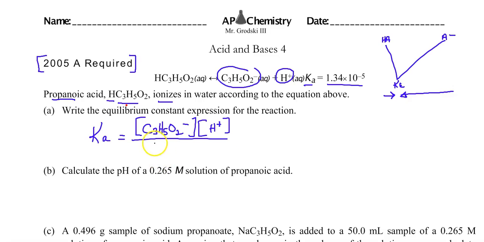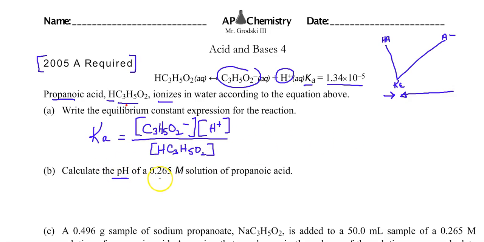And on the bottom, the reactant. It's aqueous, right? HC3H5O2, and this is the conjugate acid. Okay, no big deal. Now here comes the big deal.